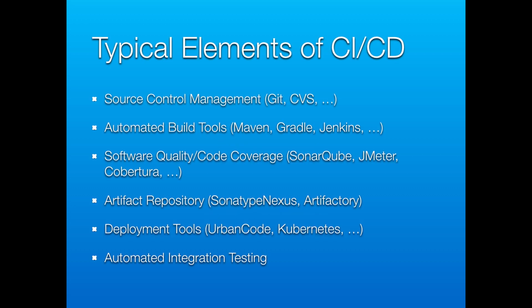So here are some of the things that are used in an enterprise environment and are parts of continuous integration, continuous deployment, right? So number one, you need a source control management tool, such as Git, CVS, etc. And the reason you need that is, your developers are going to be sharing a common source code, and as a part of that, basically they check out the source code.